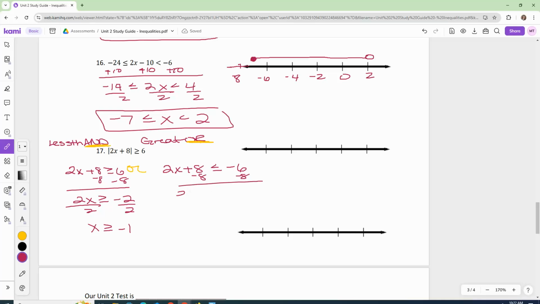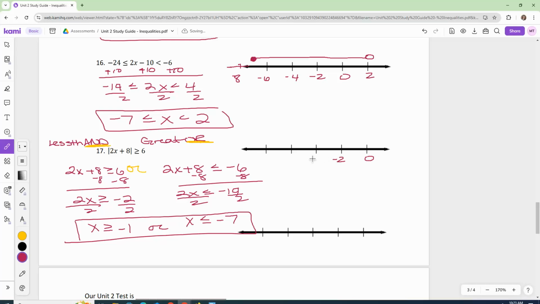Over here, 2x is less than or equal to negative 14. Divide by 2. So x is less than or equal to negative 7. So to graph this, greater than or equal to -1 would be open or closed?